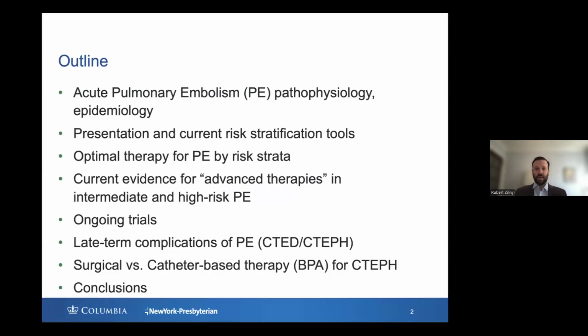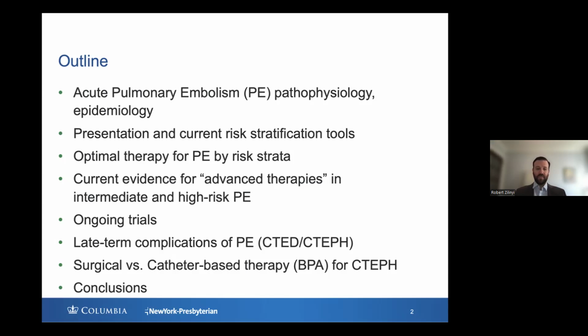So a brief outline of the talk. We're going to talk very briefly about the pathophysiology of acute pulmonary embolism, as well as the epidemiology, the presentation and current risk stratification tools that we have for patients with PE, optimal therapy for pulmonary embolism based on risk stratification, the current evidence for some of the advanced therapies that we have in intermediate and high risk pulmonary embolism, some ongoing trials, as well as late-term complications of pulmonary embolism, including chronic thromboembolic disease and pulmonary hypertension.